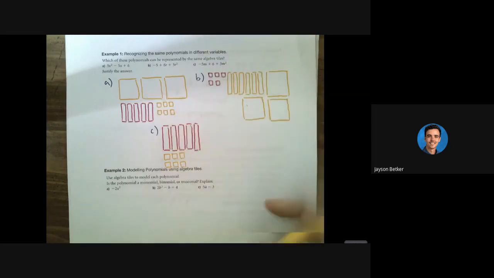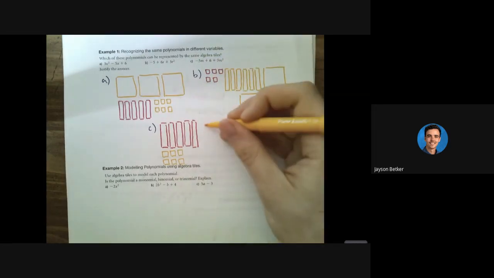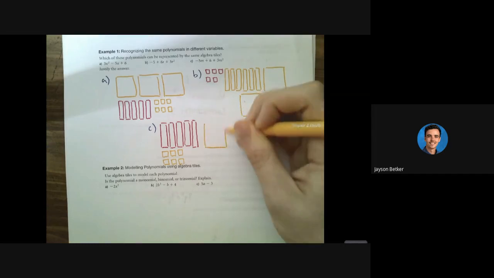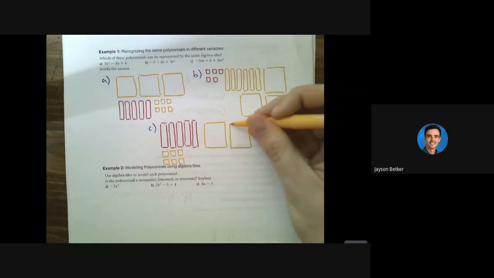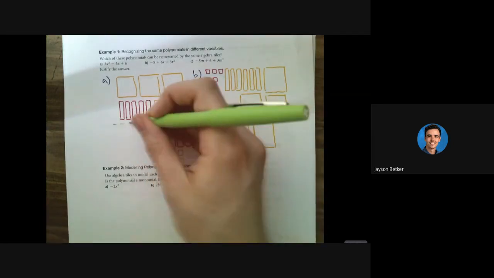So far, so good. We just need to check. Yes, it looks really good. We've got plus 3m, which is going to be 3 of these big boys here. 1, 2, and 3 of the big squares. And we can see that, I'm just going to separate these.